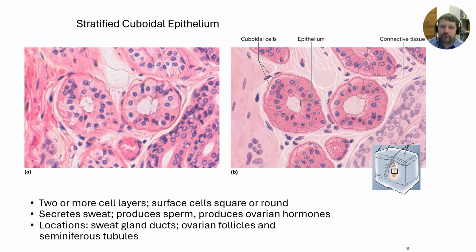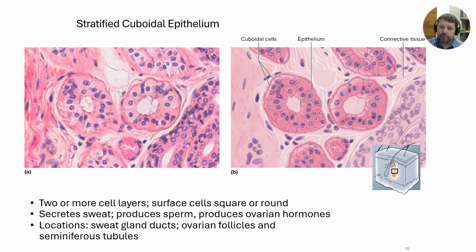Stratified cuboidal epithelium. Okay? Often these happen in ducts, either sweat glands or tubules, and so you can often tell that there's something that runs through this. You'll have these circles of cells.